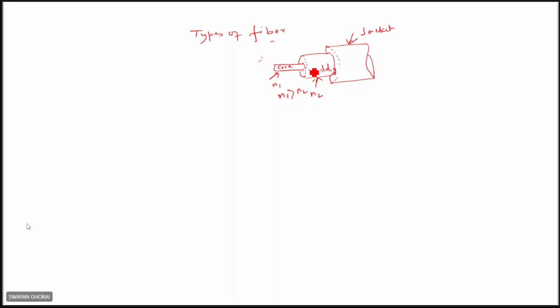Otherwise, if you just touch it, if it is made of glass with micron diameters, it will break. So mechanical strength will be less. To further increase the mechanical strength, apart from the cladding, and also to reduce scattering and contamination, this jacket is provided. So this is the fiber structure.